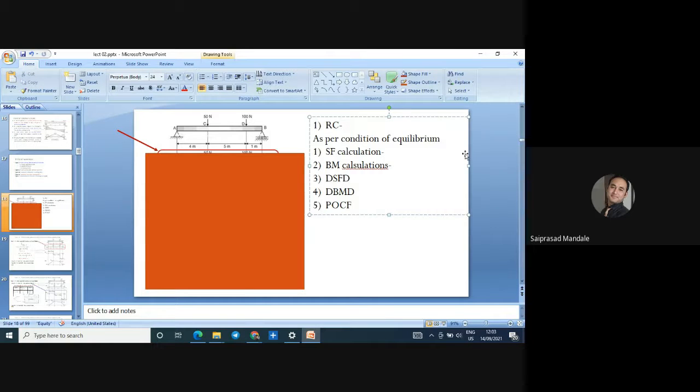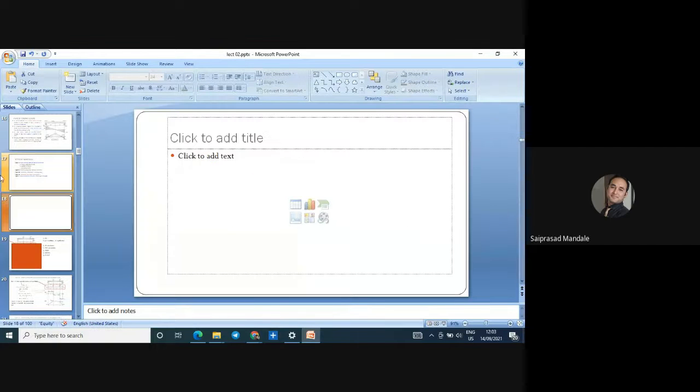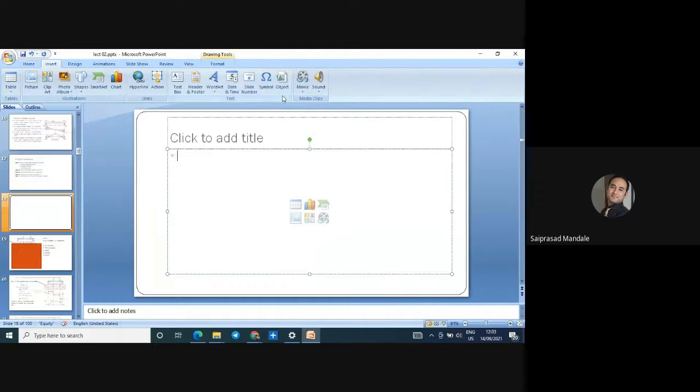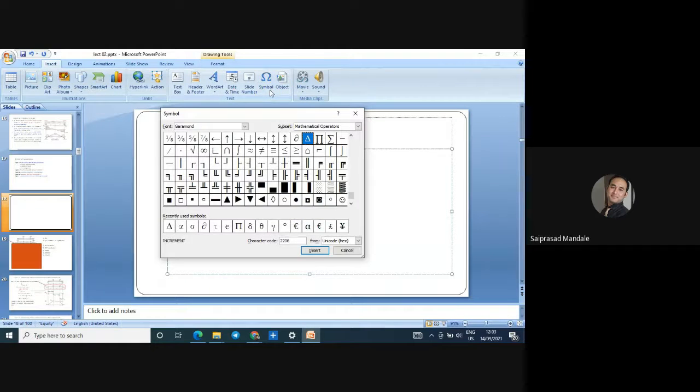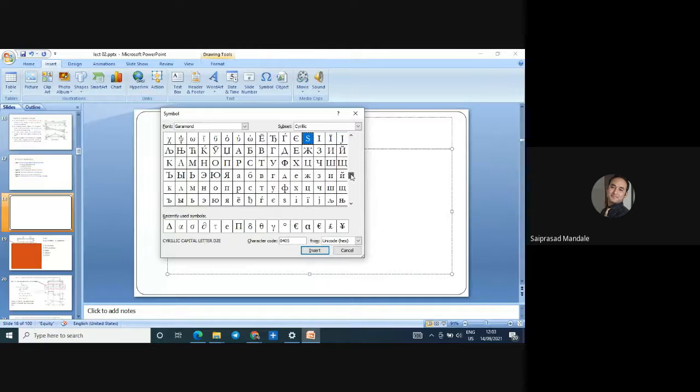Please tell me fast. What are the three different conditions of equilibrium?